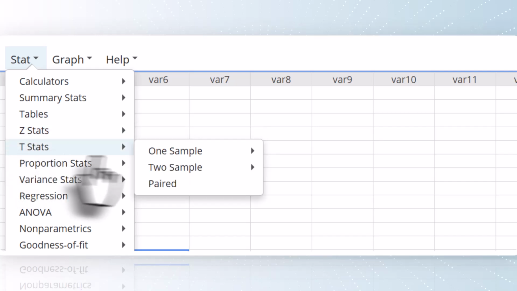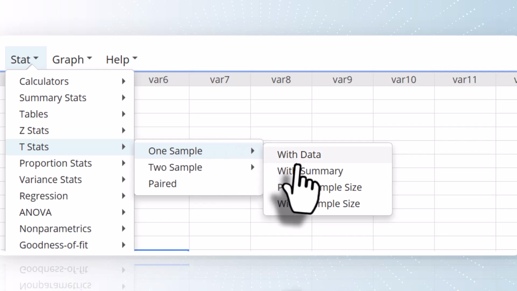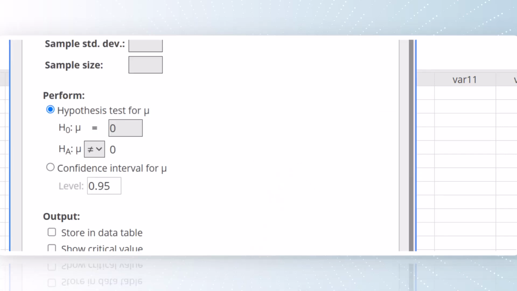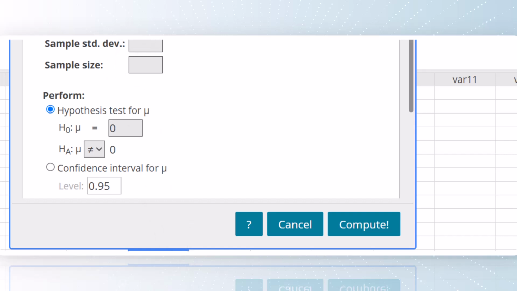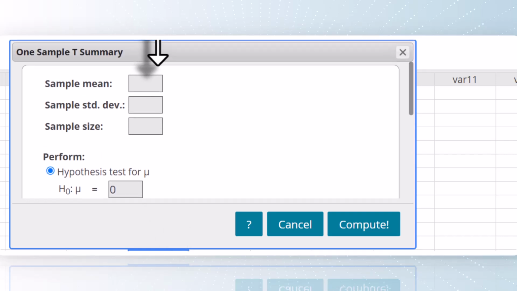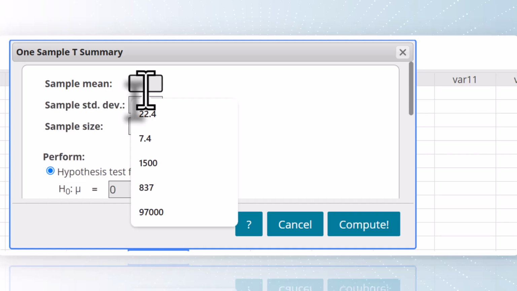So we use T. It's only one sample, guys, with summary. I don't have the actual data. Okay, let me show you right here. So the sample mean is 4.5.